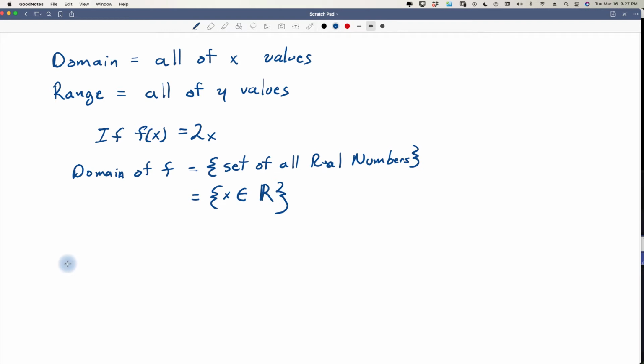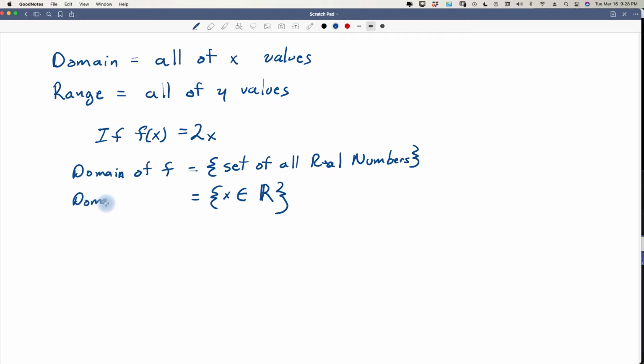Right there. That's it. So x is a member of the set of all real numbers. That's all of them. So you can write this really quick.